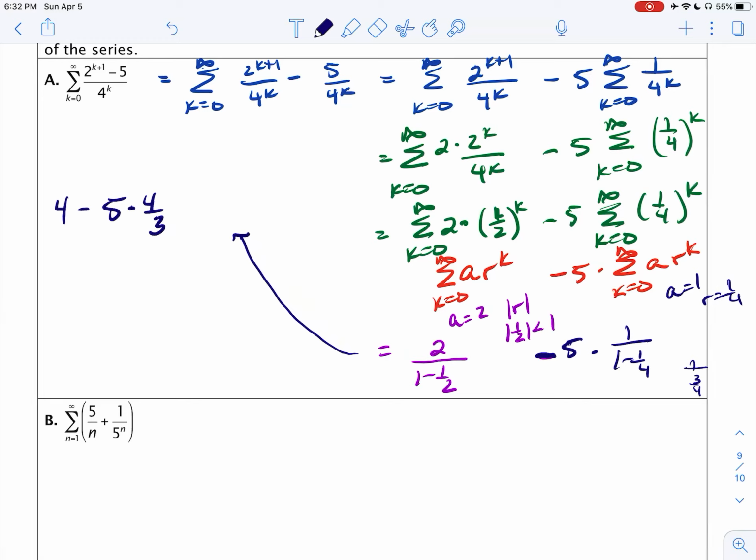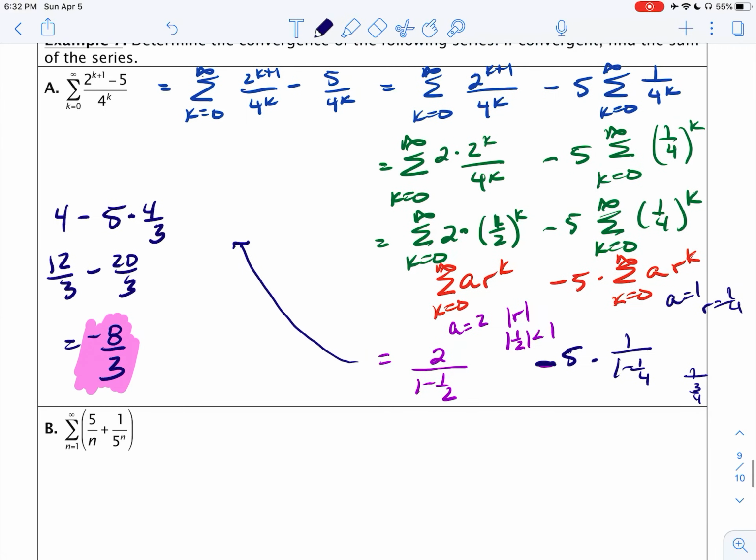Good. And looking at that, we can say that this is 12/3, take away 20/3, and 12/3 minus 20/3 is equal to minus 8/3. And so that is going to be the sum of our series. Good. And we can say that it is convergent.